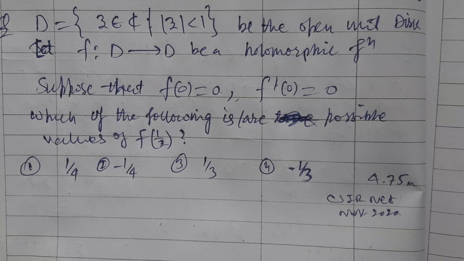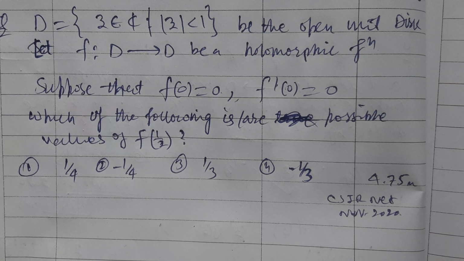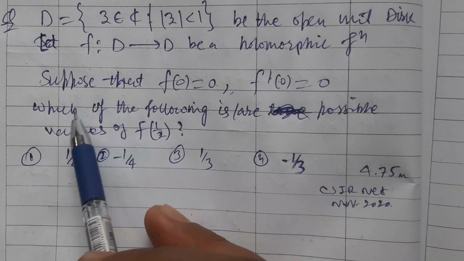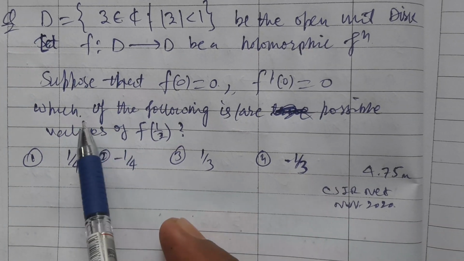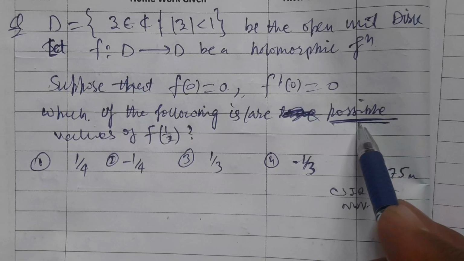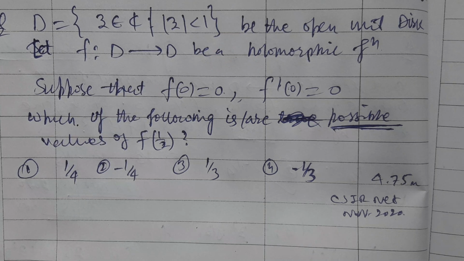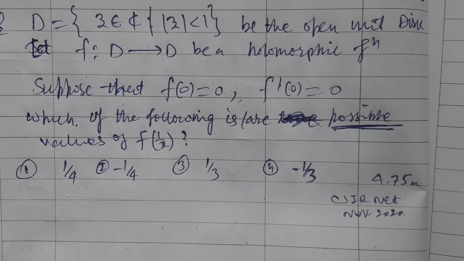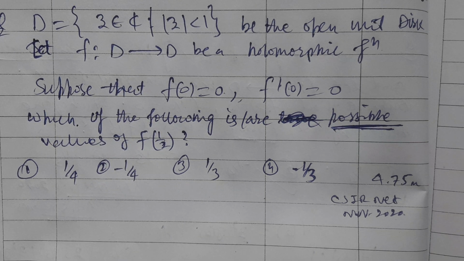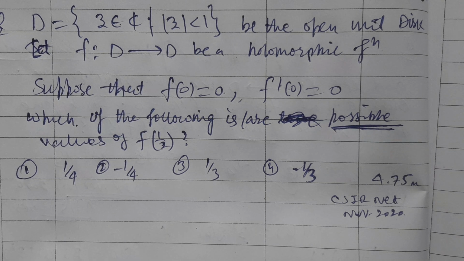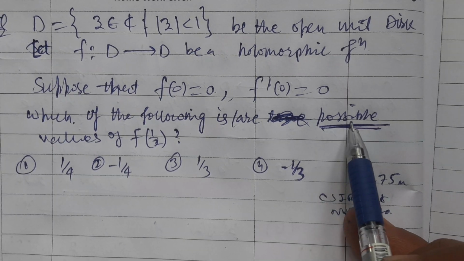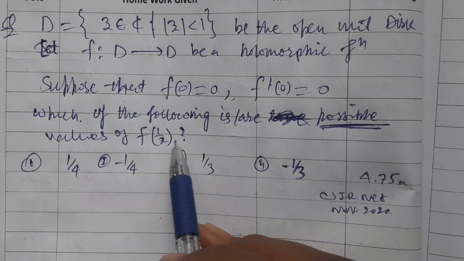Now how do we approach this? The question asks which of the following are possible. We focus on this word, possible. There is a difference between what is true in general and what is possible; these are two different concepts. The question asks for possible values of f at half.